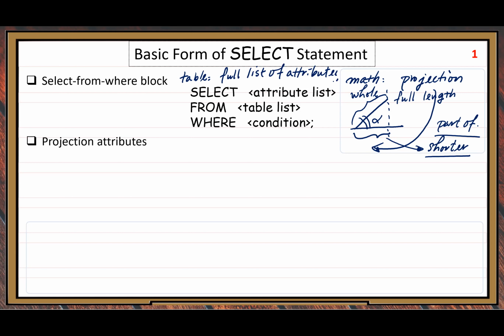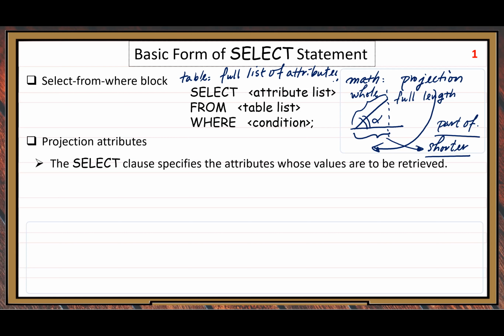We only take some of them, and that is the meaning of projection in this context. You will see it. So the select clause specifies the attributes whose values are to be retrieved.